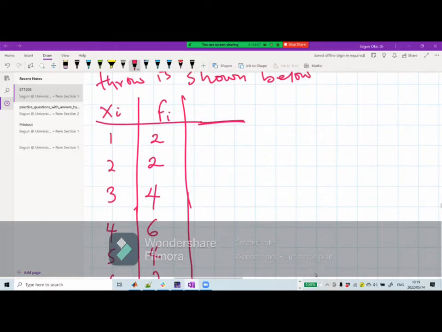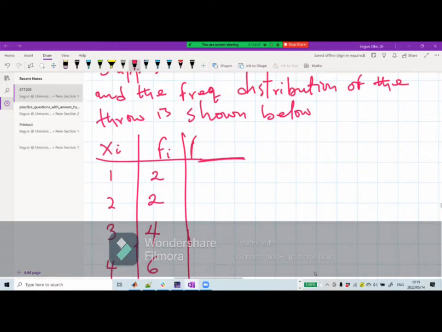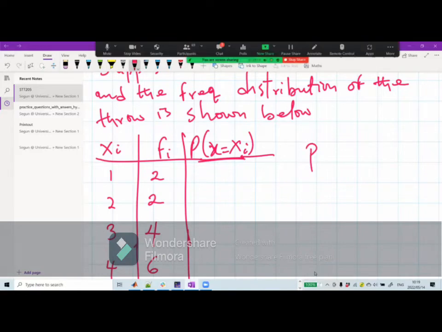We need to find probability of, if I ask you to find the probability of x1 equals 1, it simply means the frequency 1 divided by the total frequency.